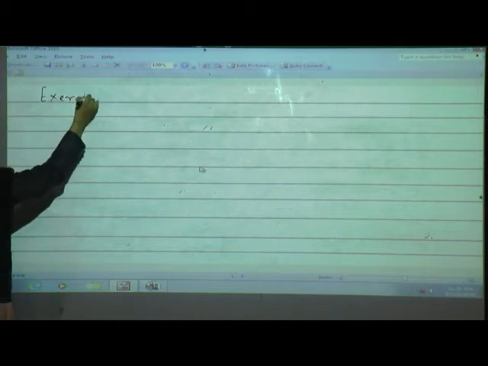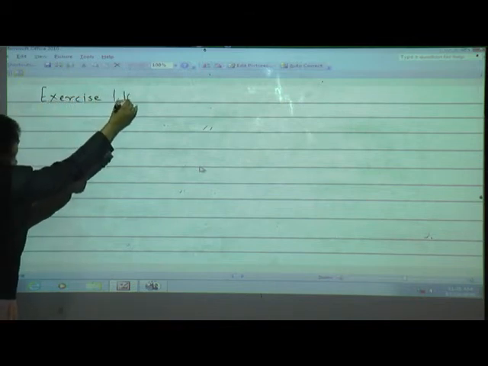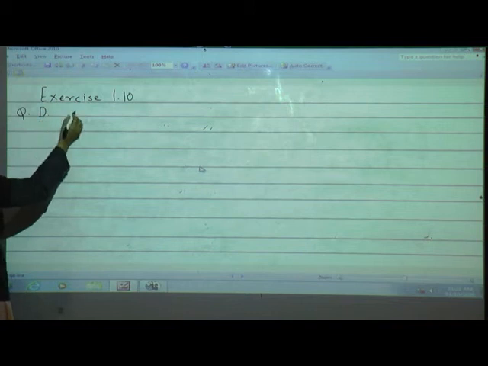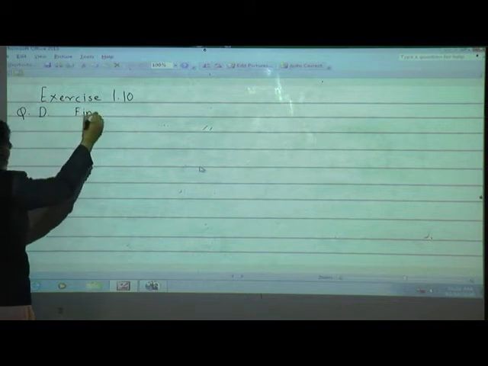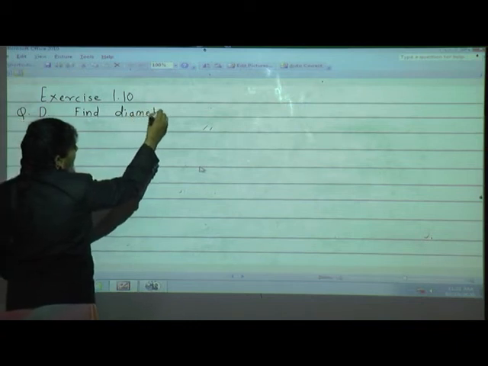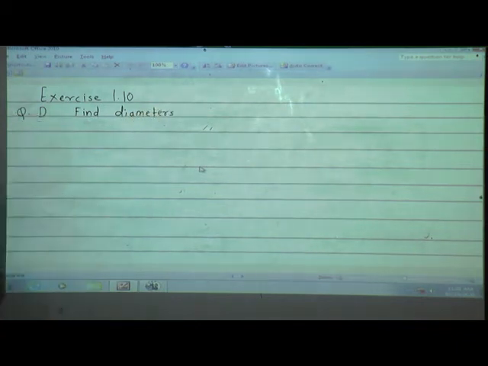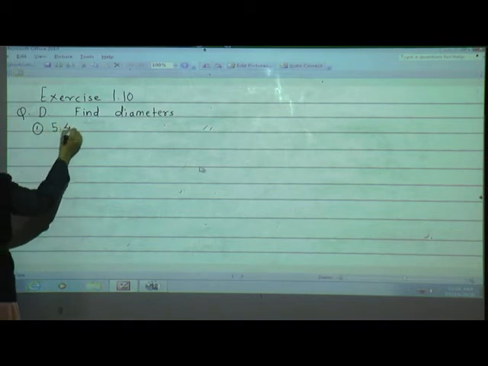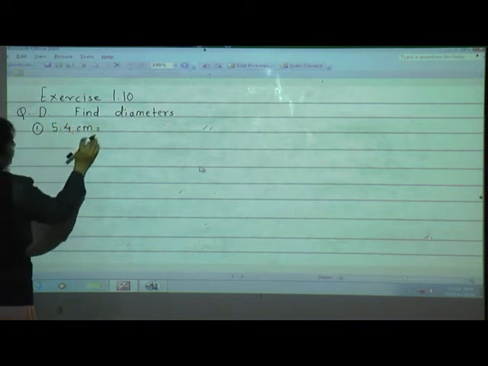Exercise 1.10, question number D. Find diameters. So first one, 5.4 centimeter.